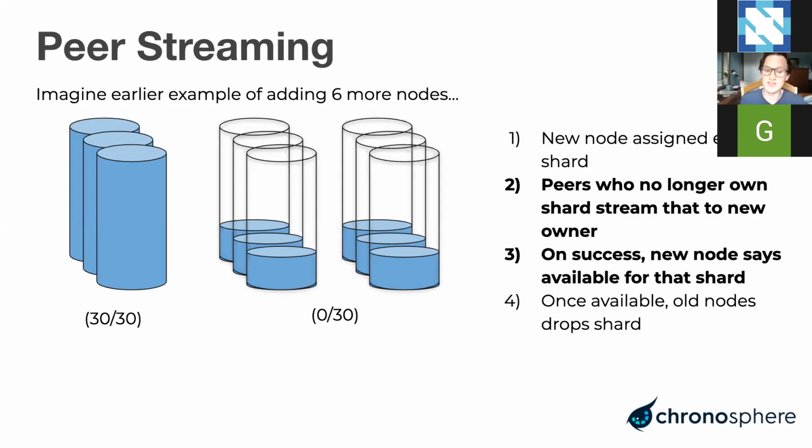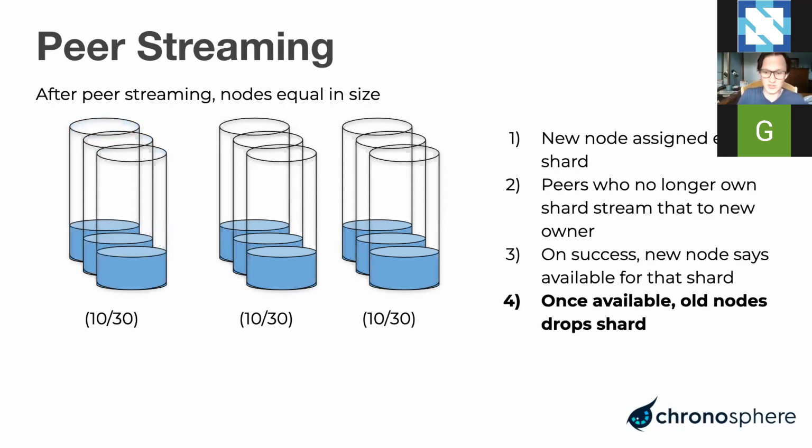As soon as the new nodes have a given new shard fully on their side, they publicly say, hey, I have this shard now available. That leads to the final step: once shards are publicly said to be made available by their new destination, the existing nodes can fully drop that data and be rebalanced back to what their peers would have.